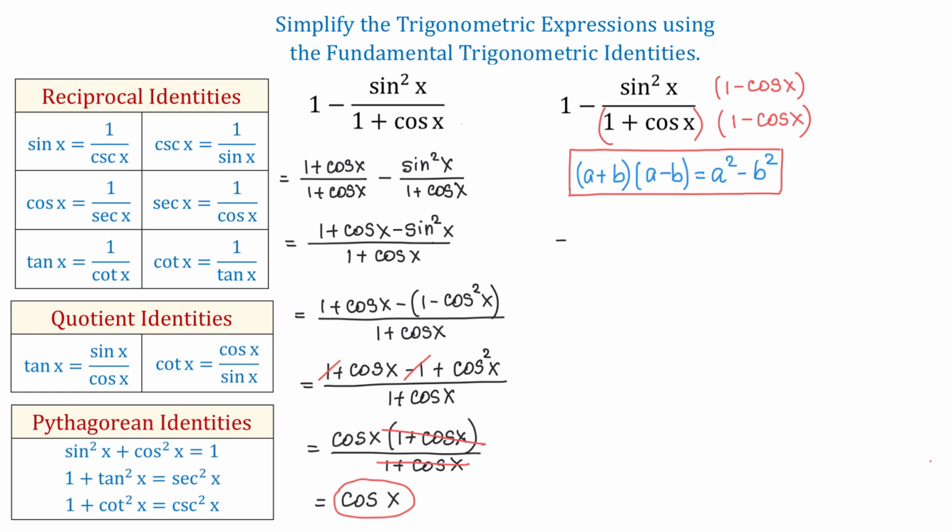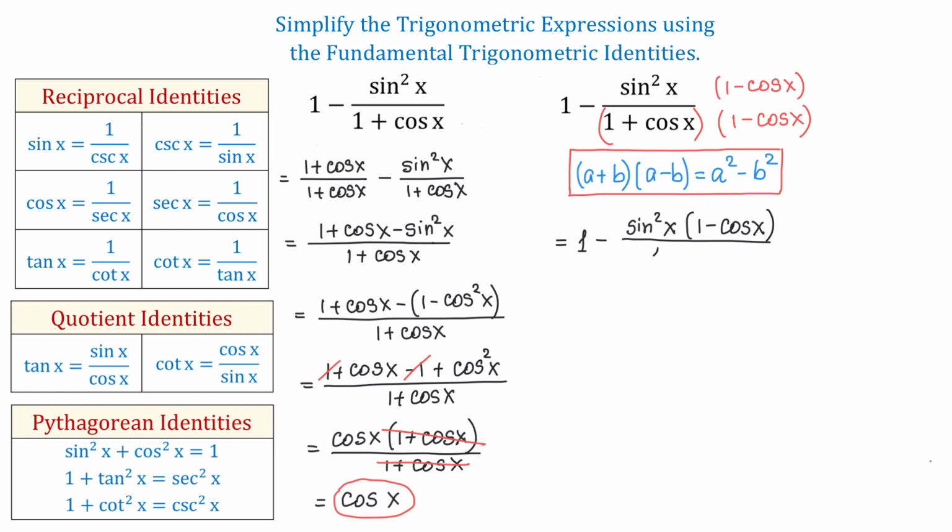So now if I continue, then we will have 1 minus sine squared of x times 1 minus cosine of x. And now in the denominator, when I multiply these two expressions, according to this formula, I will get 1 squared minus cosine squared of x.